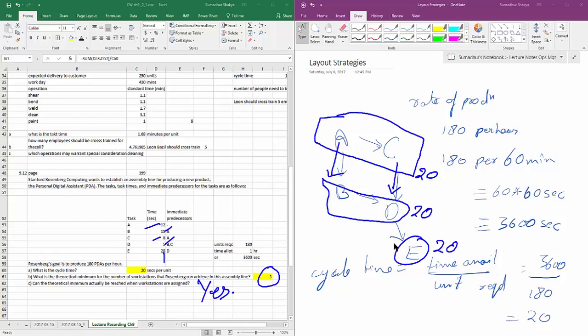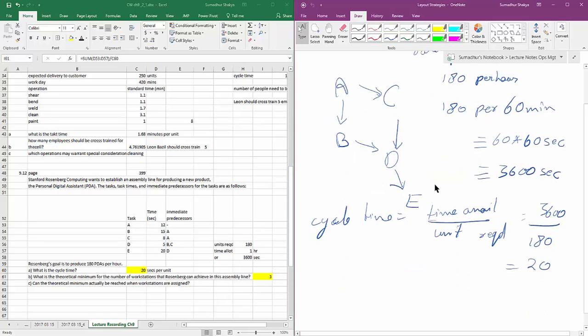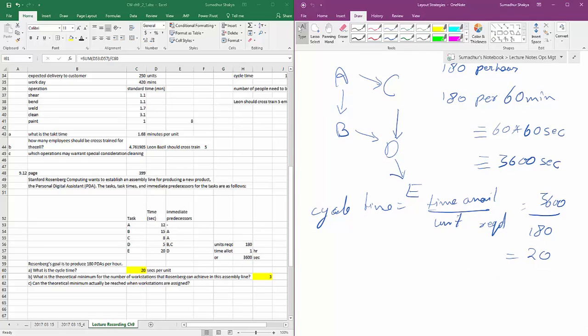And that's about it. And there's one more variation of the problem, which is the calculation of efficiency. It is not covered in the lecture notes, but just to give you, it's a very simple process. Let's say you were to calculate the efficiencies.